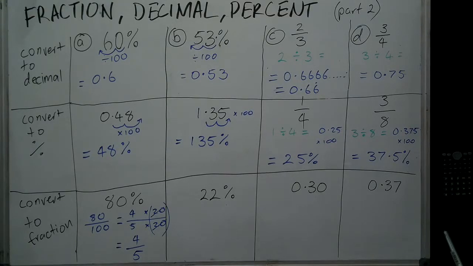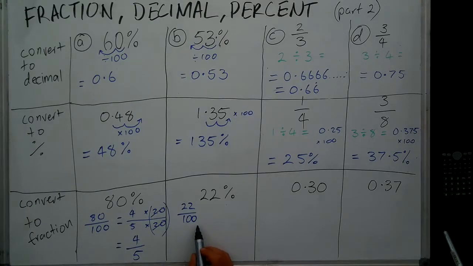Okay, 22%. Same strategy here. I'm just going to write it as 22 over 100. So I drop the percent. So that's a fraction. But to simplify it, just looking at the 22, the only way that factorizes is 11 times 2.